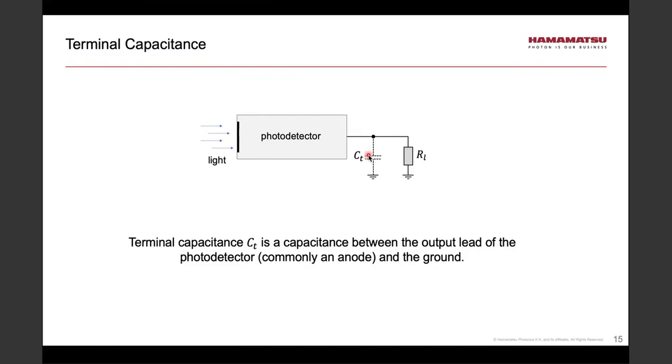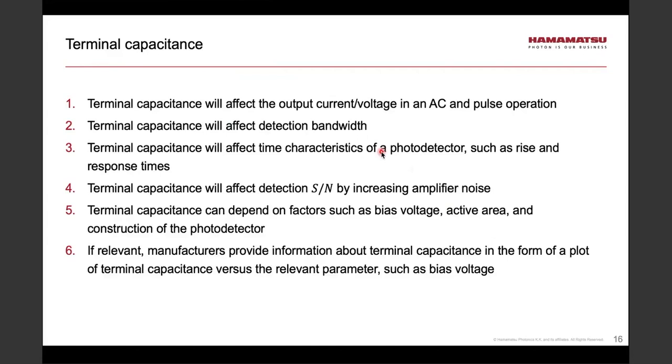Whatever the reason, we do have capacitance, and an important question to ask is what effect this capacitance has. Well, if we observe light in DC mode, in other words, there is no intensity fluctuation, that capacitance is basically irrelevant. It does nothing.